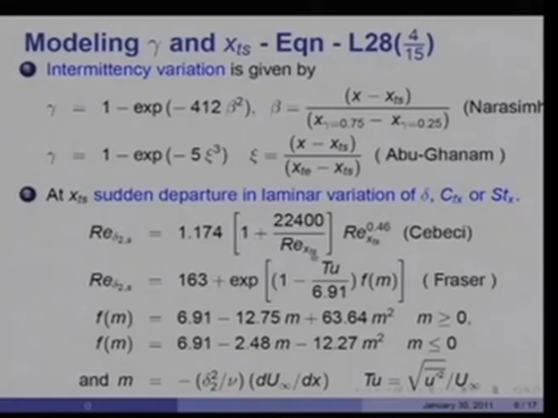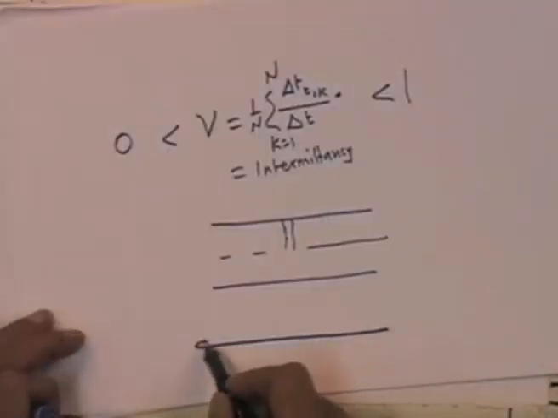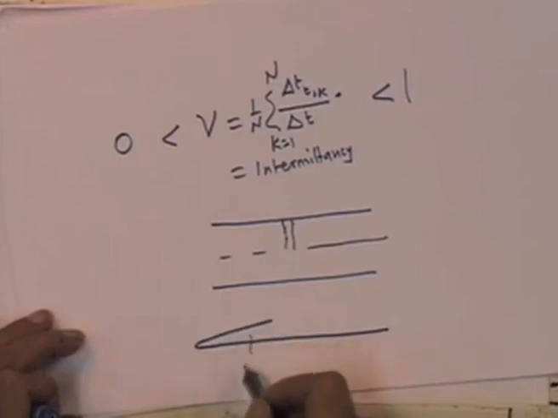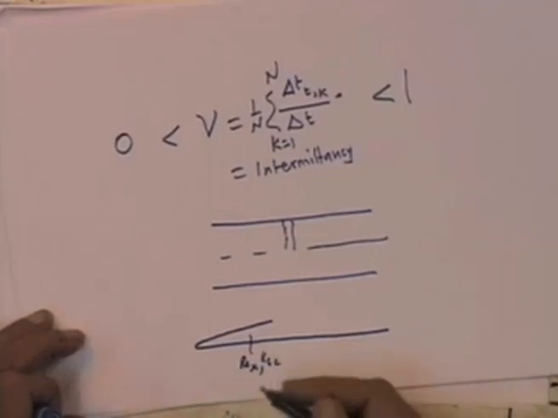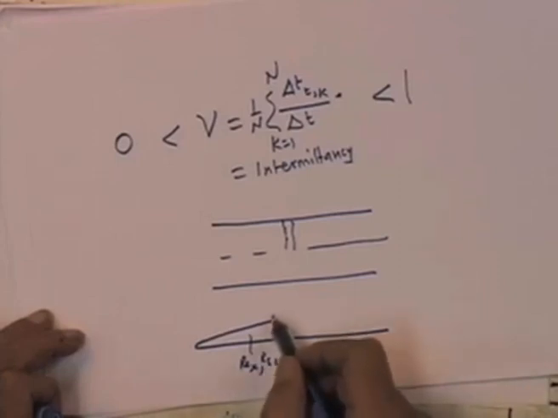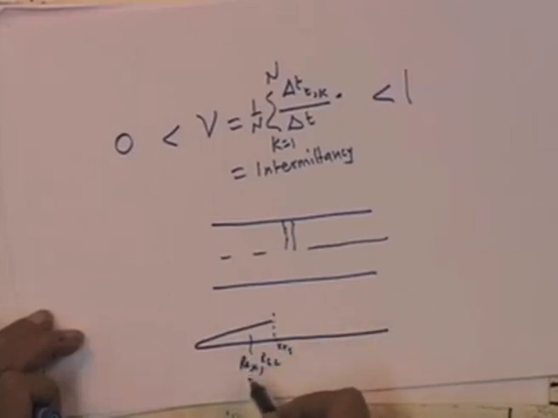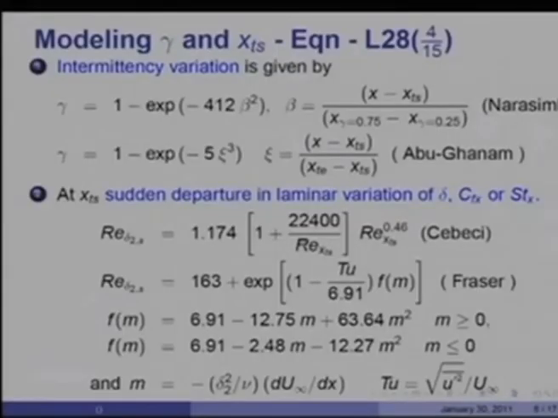So, if you were applying the integral method, then during the laminar flow you will calculate Rex and Re delta 2 and see whether that expression is satisfied. You will see that at a certain point XTS, Rex and Re delta 2 would be related by this expression, and that would identify the start of transition.